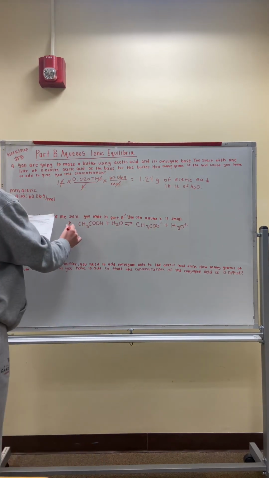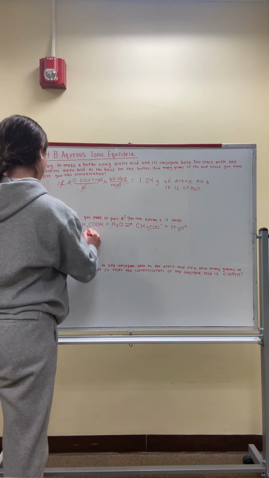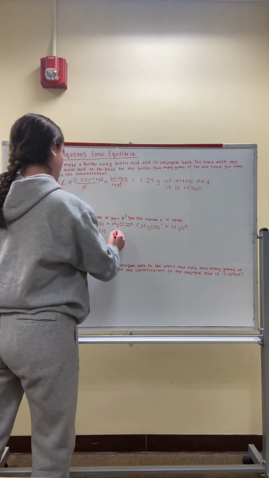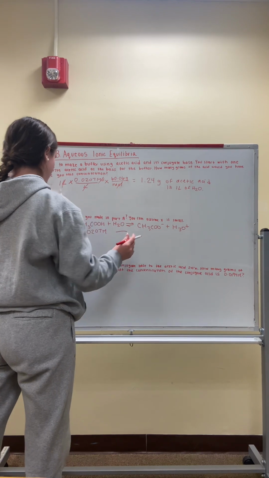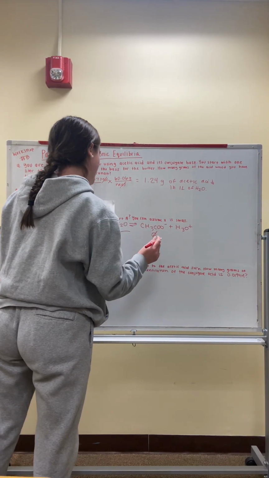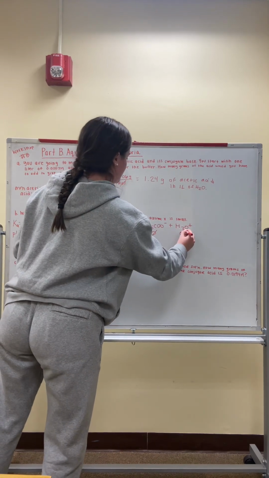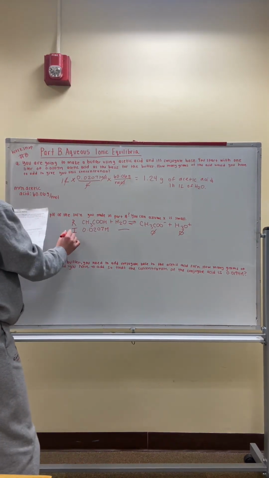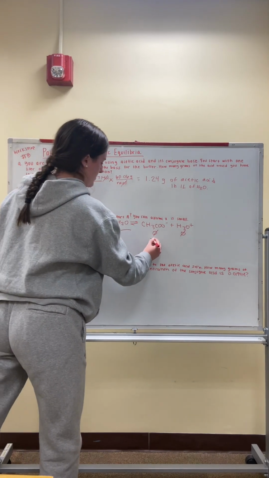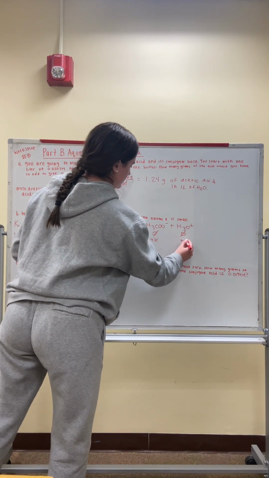So for the initial concentrations, we have 0.0207 molar acetic acid. You don't include liquids in the equilibrium. We start with no conjugate base and no H3O+. For change, we have minus X for the acetic acid, plus X for conjugate base, and plus X for H3O+.